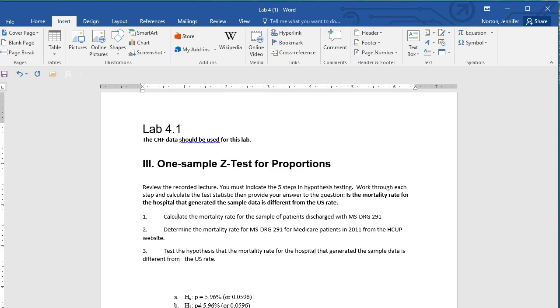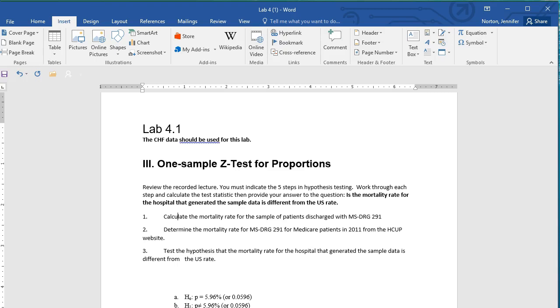For everything we are looking to see if 2 things are equal, or if our proportion in this case is equal to a US rate. So we're always going to have the same alpha level or type 1 error, and we'll get into a little more explanation on that a little bit later.